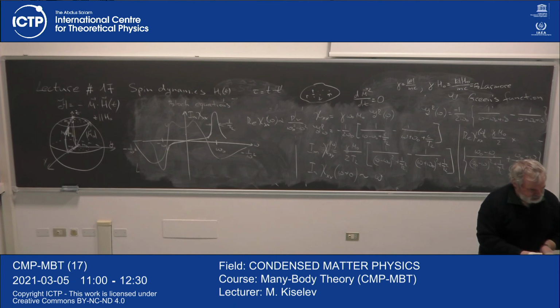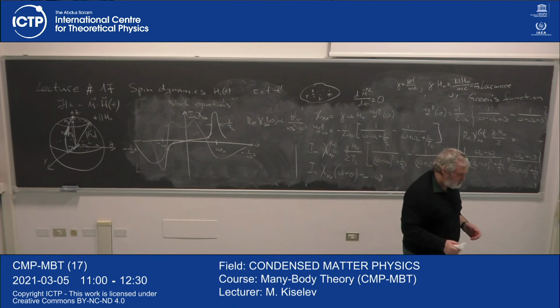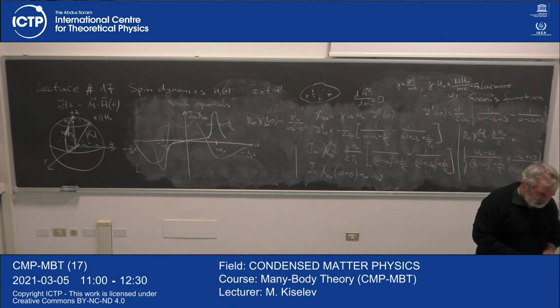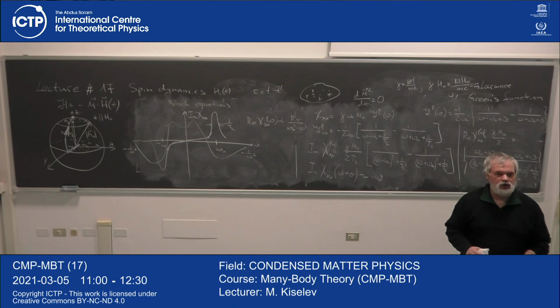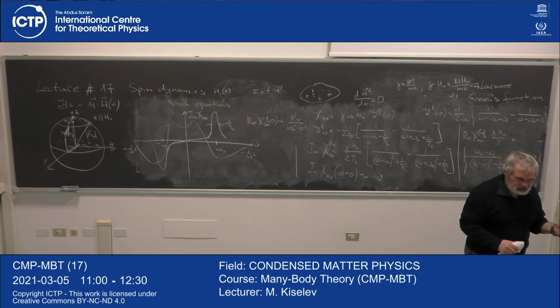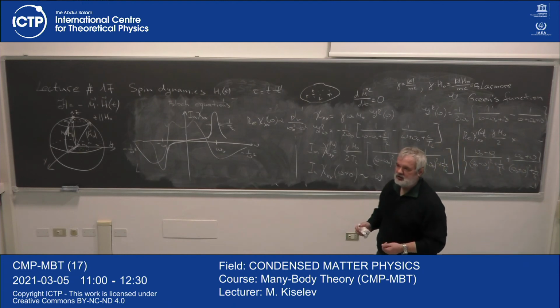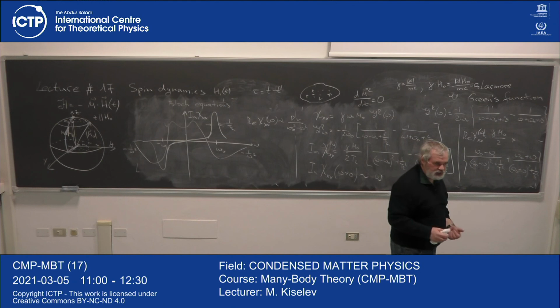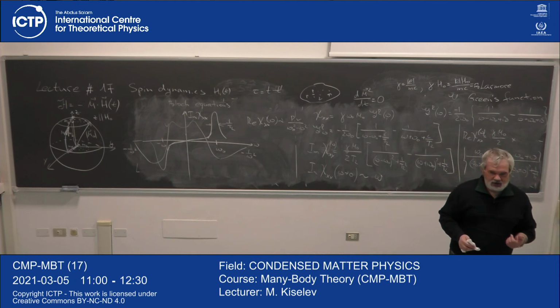So what did we do today? We first of all derived the gyroscope equation describing precession of the magnetization vector subject to a time-dependent magnetic field. In the case when there is a small parameter, namely your magnetization slightly deviates from the axis along which the strongest magnetic field is applied, we derived a linearized equation and we showed that the motion in the plane perpendicular to the direction of the constant magnetic field is described by a harmonic oscillator.